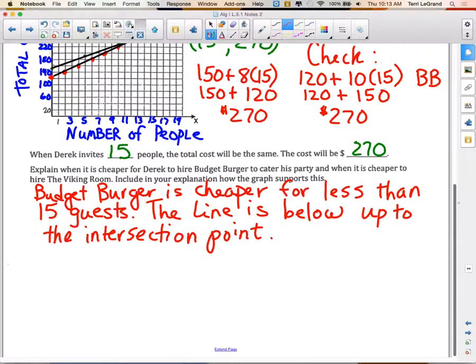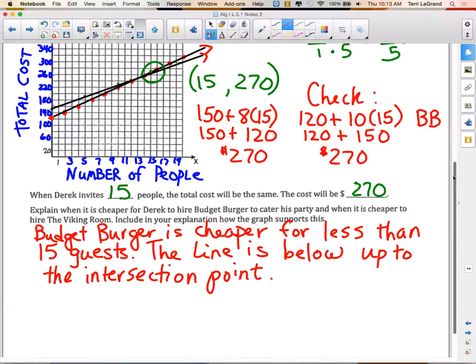Well then, as we keep going with our Budget Burger line, which is the red points, is it still cheaper once we get past the point of intersection? Are the red points still lower? No, they're higher now. So which one's cheaper when you do more than 15 guests? If you want to invite the whole freshman class, which of the places should you have cater the party?